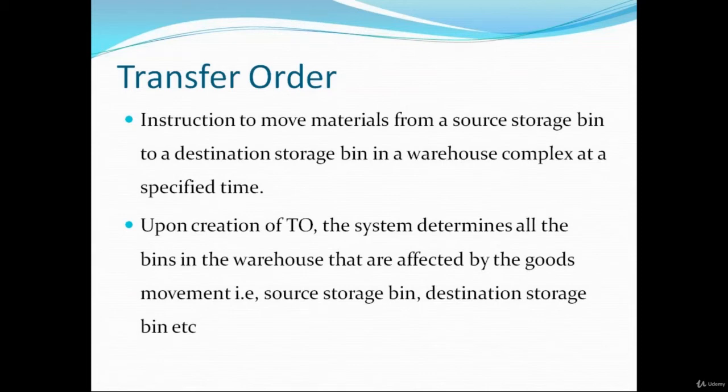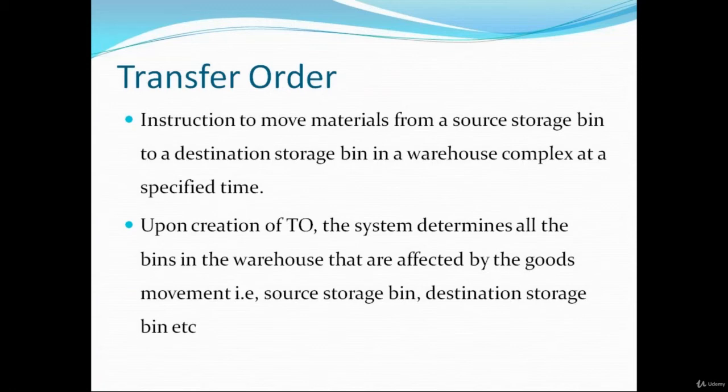Sorry for the delay. In the manual creation of transfer order, we have manual T codes for the creation of transfer orders. For example, we have the T code LT01 for the creation of a transfer order for a material. Then LT1A for the modification of a transfer order.